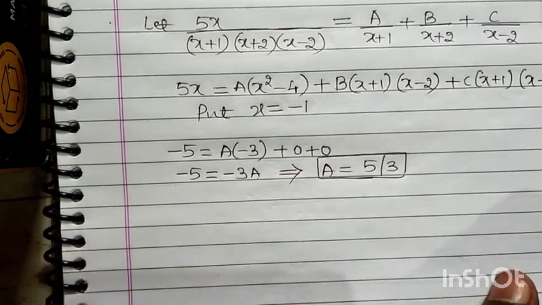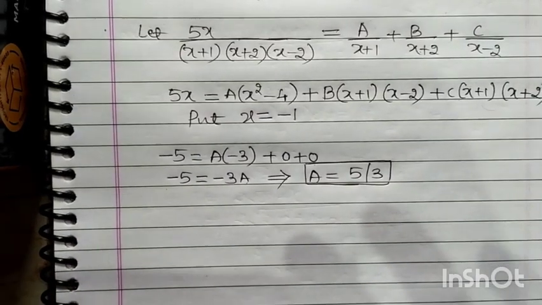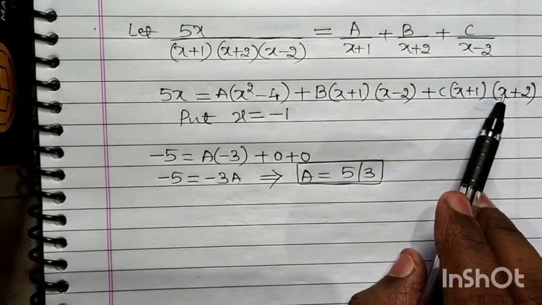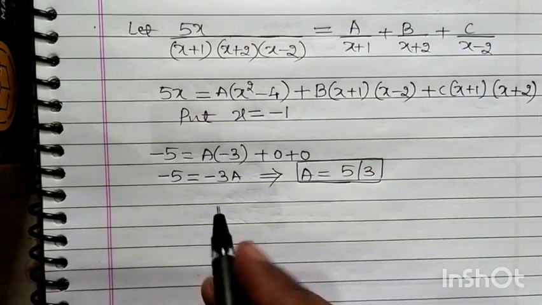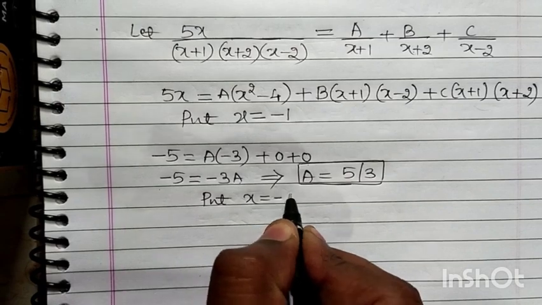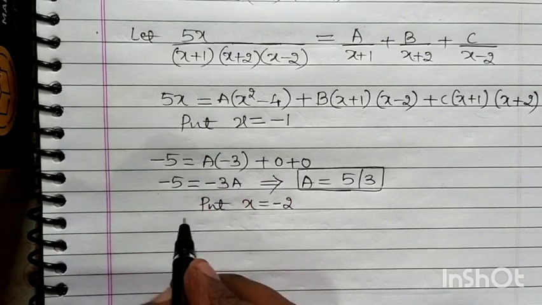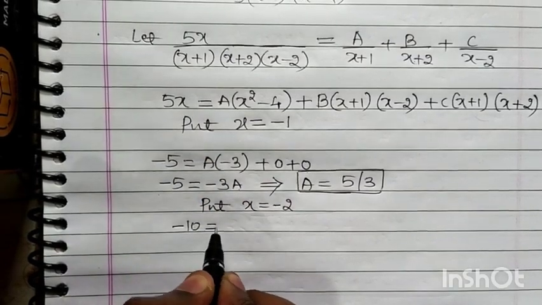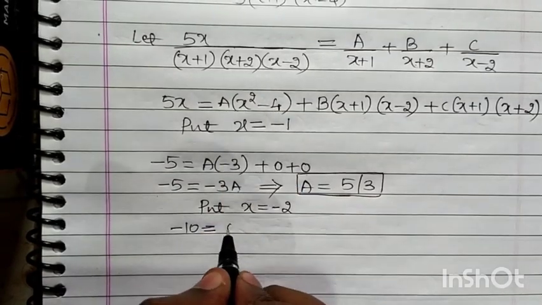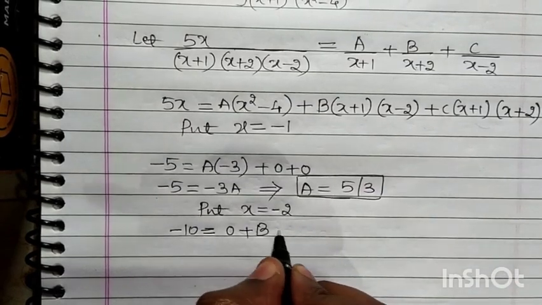So we have the value of A. Next we have to calculate the value of B and C. In order to get the value of B, we have to make these two terms 0. So let us go for x equal to minus 2, so that these two terms become 0. So 5 into minus 2 is minus 10, which is equal to, see here, minus 2 the square will be plus 4, 4 minus 4 is 0. 0 plus, now B I write as it is.